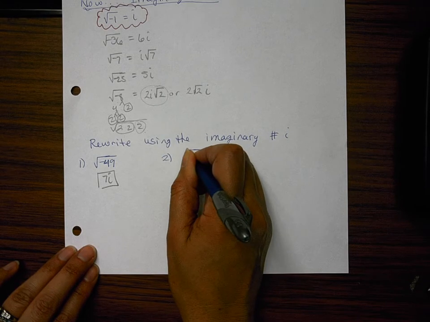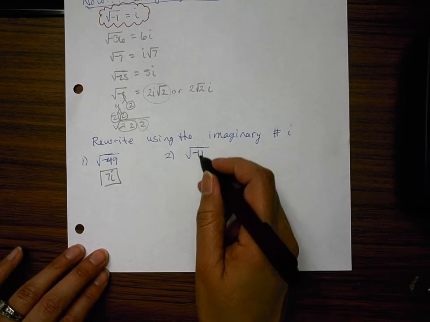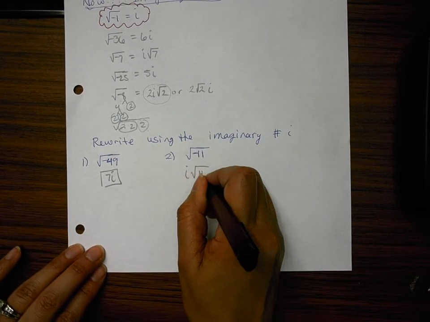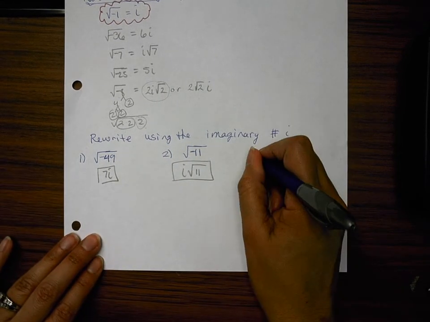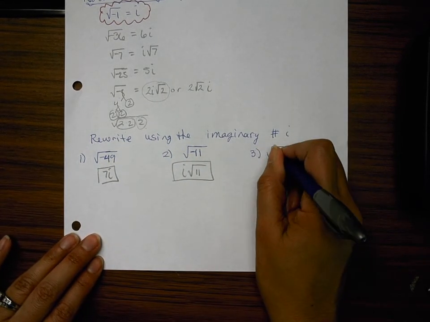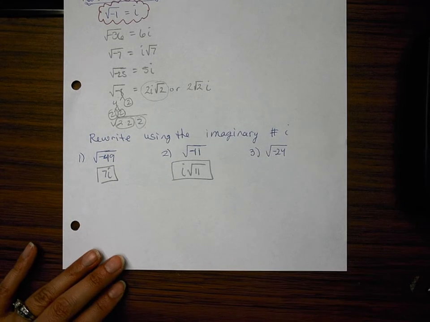11 is not a perfect square, and it does not break down. So just the I comes out and the 11 stays in. I root 11. Okay, number 3, square root of -24.